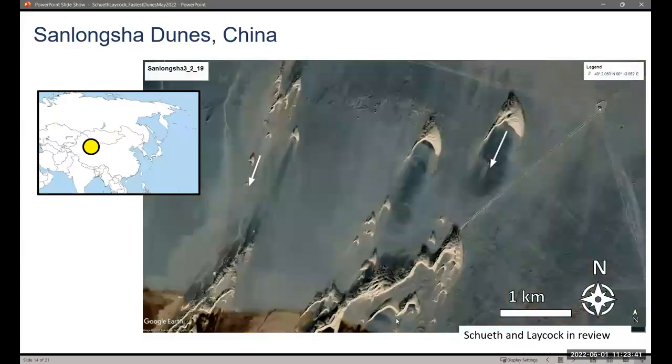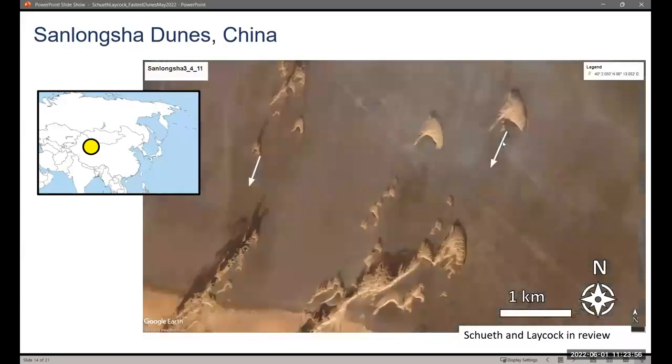But the world's fastest sand dunes that we measured belong to the Sanglangsha Dune field in China. See on the map where we are, kind of on the border between China and Mongolia. And this has an interesting set of a lot of larger Barchan dunes mixed with these smaller ones. The arrows show the two fastest dunes that we measured in this field, and you can see just how quickly they're jumping through these time steps.